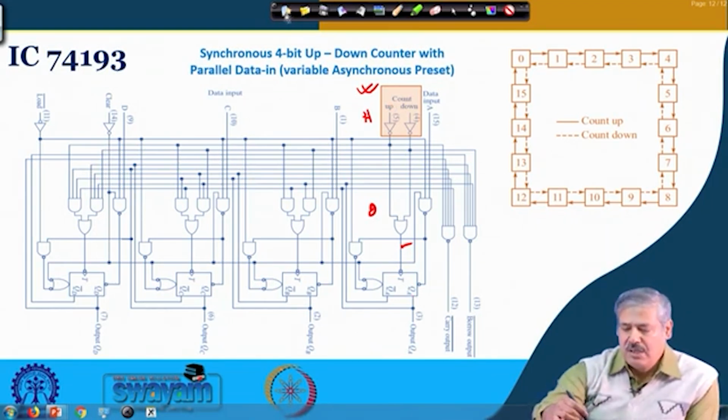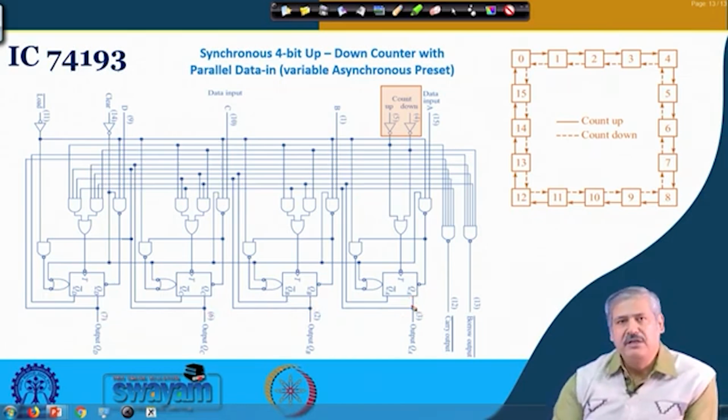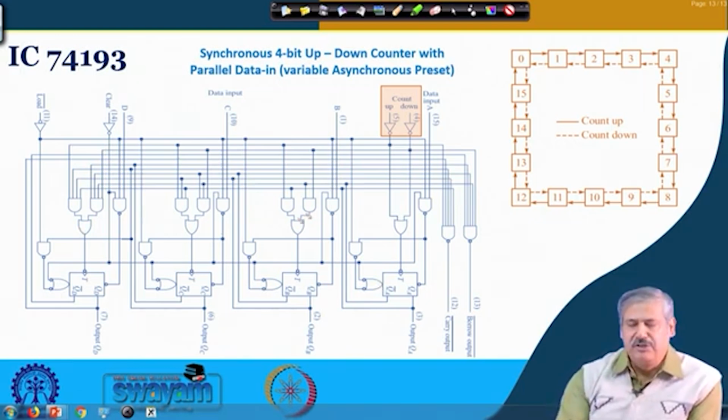And the other thing that is important here, we know that the QB, QC, QD, QA, the uncomplemented outputs will take a role when we are going for up counting, and the complemented outputs will participate when we are going for down counting. Okay. So, basically they need to be ANDed.